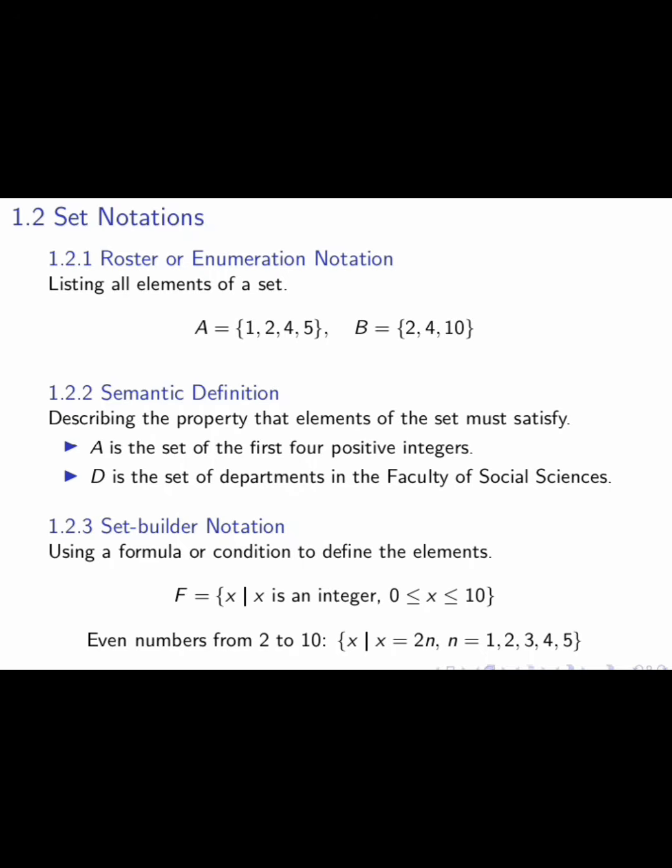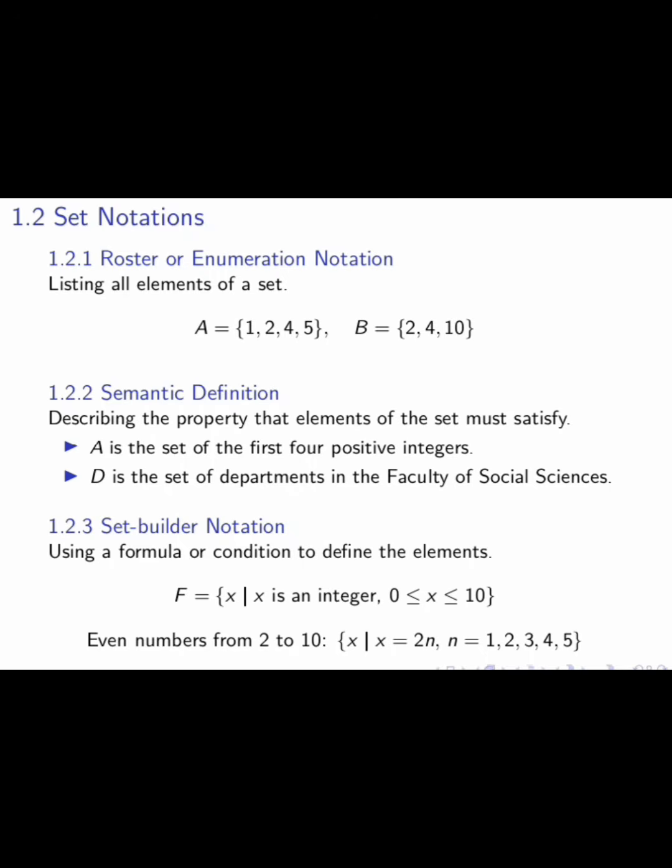Are you getting me? Another example of set builder notation is the even numbers from 2 to 10. You do not necessarily need to write out all of the numbers. Everybody knows that if you are to list all of the even numbers from 2 to 10, it's going to be 2, 4, 6, 8 and 10.